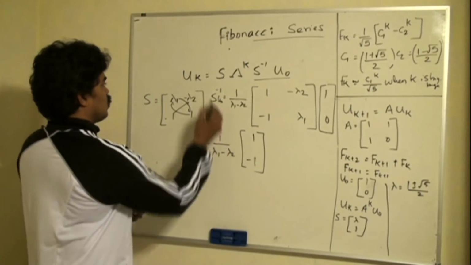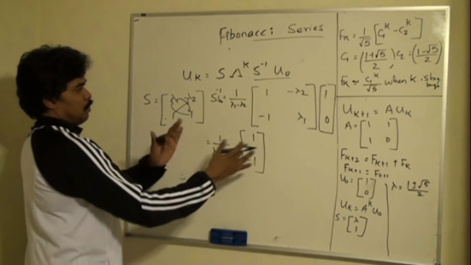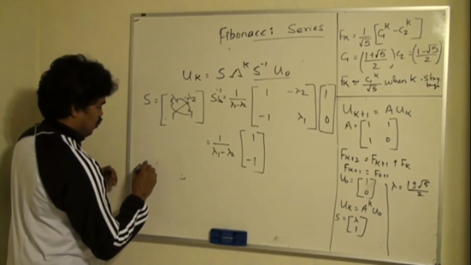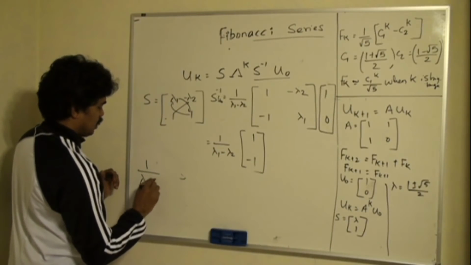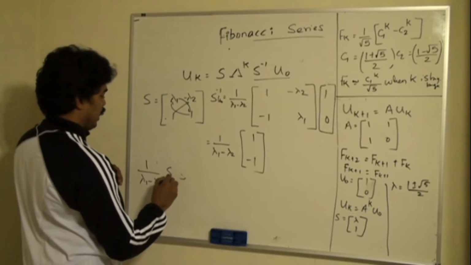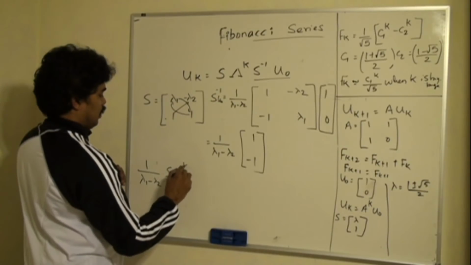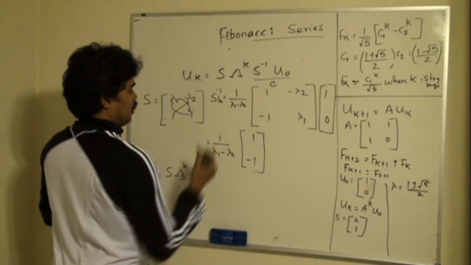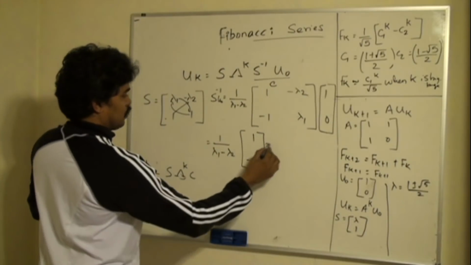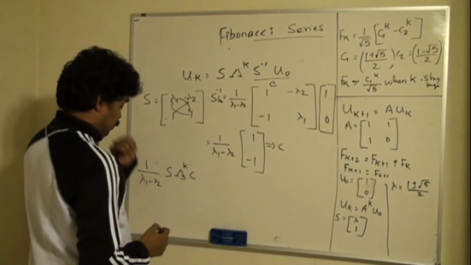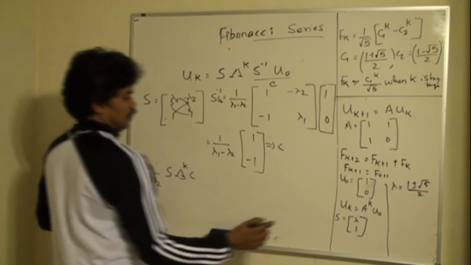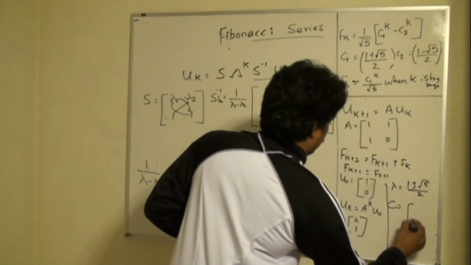This is a constant, so I'm going to keep it outside and not multiply it, just to make my calculation easier. So 1 by lambda 1 minus lambda 2, then S lambda to the power k, then this is, let us say, C. C is basically this, right? Maybe I should store C also here.